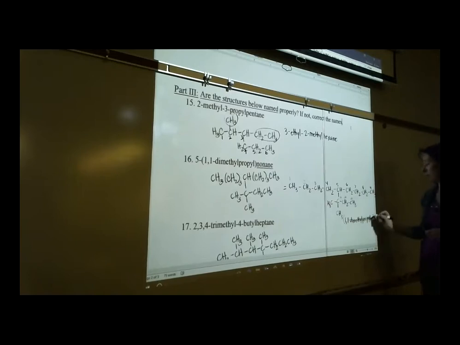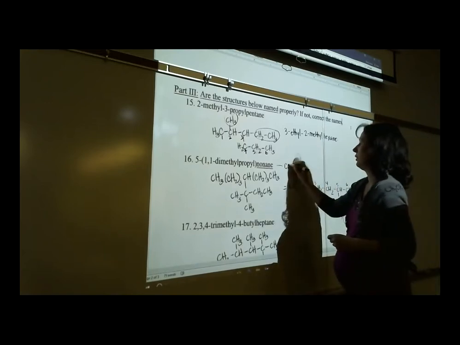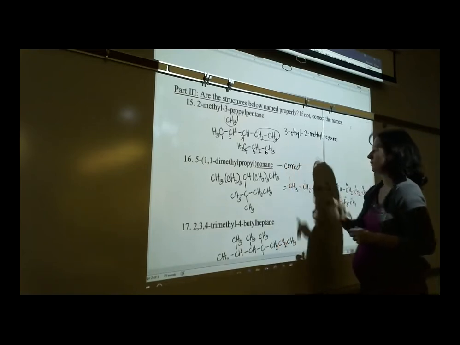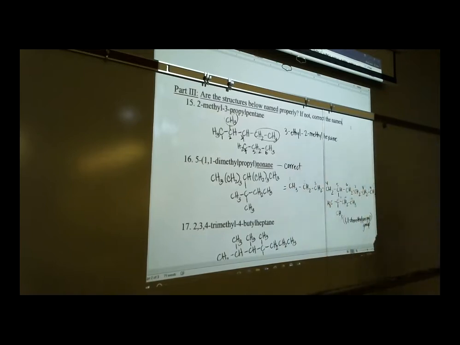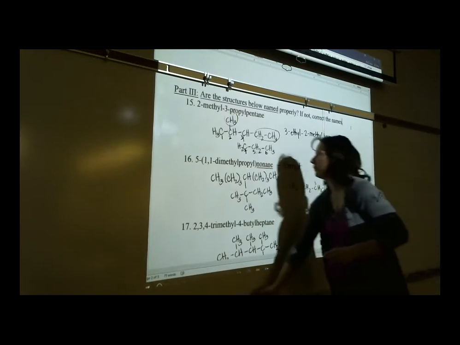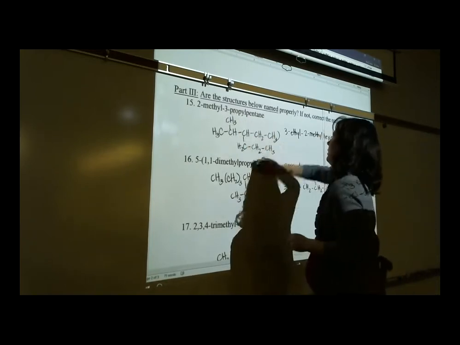That's what that group is called. So last but not least, did the student put it together correctly? Is it on carbon number 5? Yes. Is it a nonane? Yes. So then this student is correct. Do we agree on 16? Right.